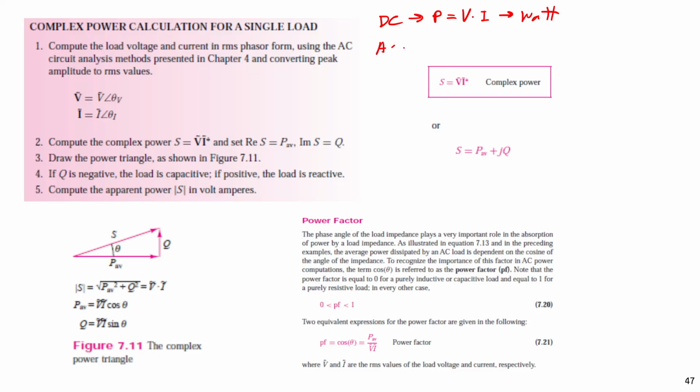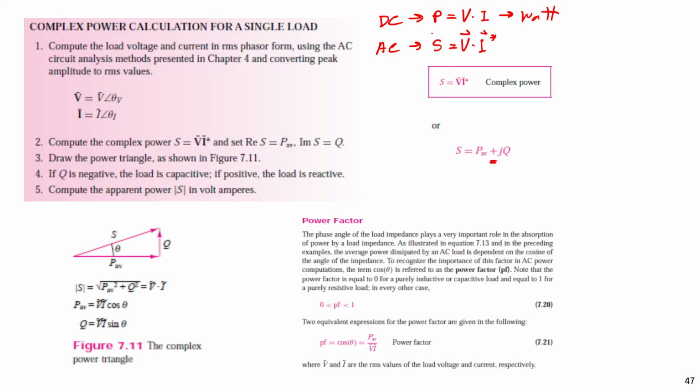But for an AC system, we call the product of V and I the complex power, S, which is V in phasor form times the conjugate of I. We put the conjugate here to represent the direction of the reactive power.